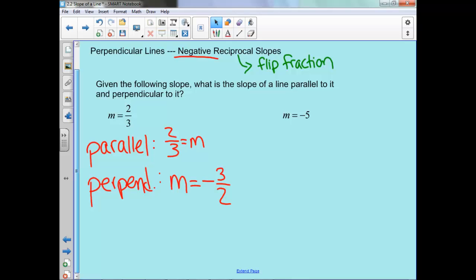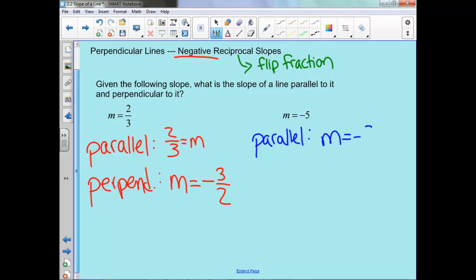Moving on to the second one. If we wanted the slope of the line that's parallel, remember that slope is the same, so it'll still be -5. But if we want the slope that's perpendicular, go with that negative reciprocal.